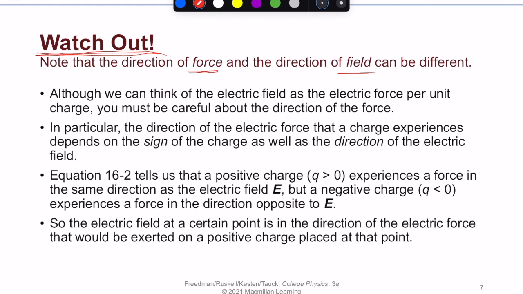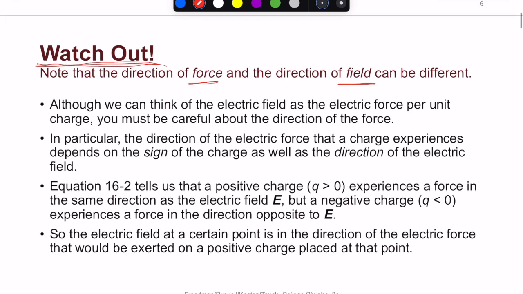If you remember in the first slide we looked at, we had big Q, little q. We said that big Q was going to be positive, and then we had positive little q. Again, let big Q be positive. What if little q was negative?